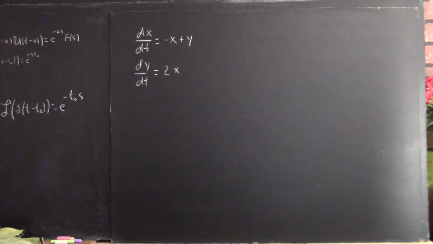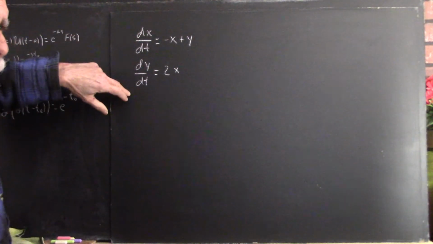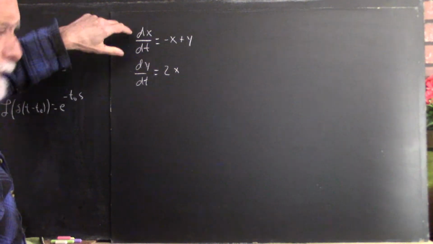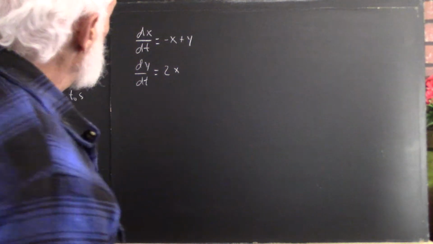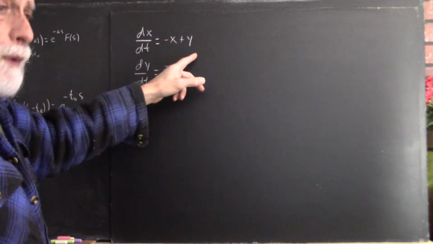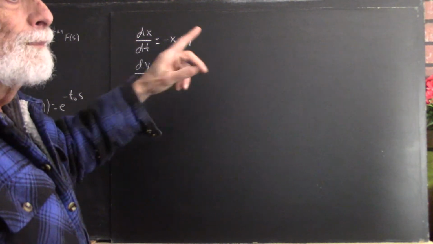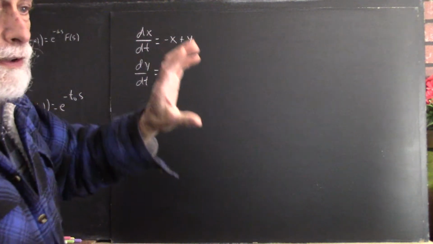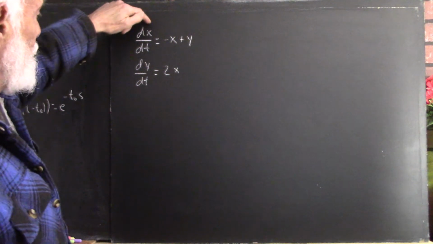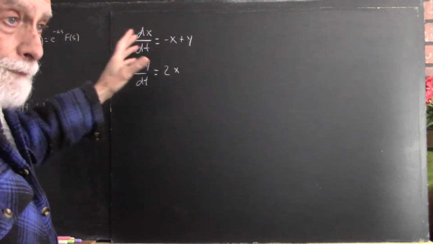Okay, so if we have this differential system, this system of differential equations, again we have x and y as our variables, but they're actually functions, and we have derivatives of x and y. These are first order.